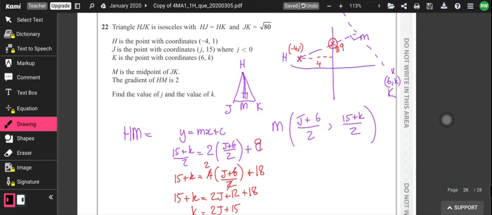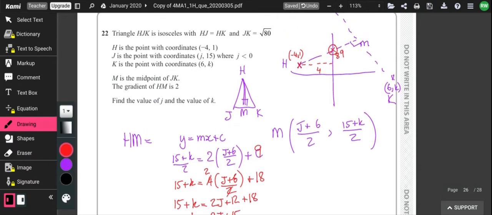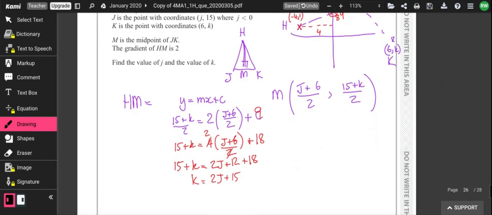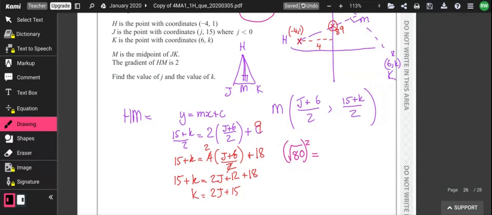The second one's going to involve a quadratic, because we're looking at the length of JK being root 80. So to work out the root 80 squared, we're going to use Pythagoras. Root 80 squared is equal to the difference in x coordinates squared plus the difference in y coordinates squared.